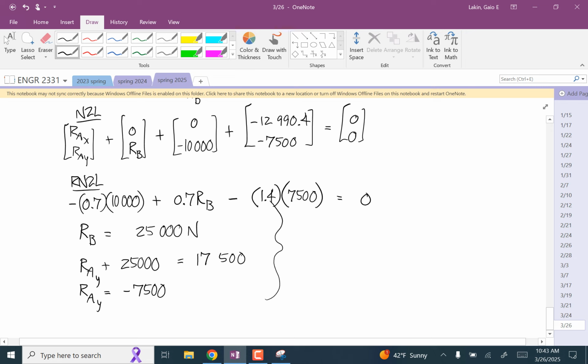And RAX is positive 12,990. So we have RA is 12,990.4. And then negative 7,500. And RB is 25,000.